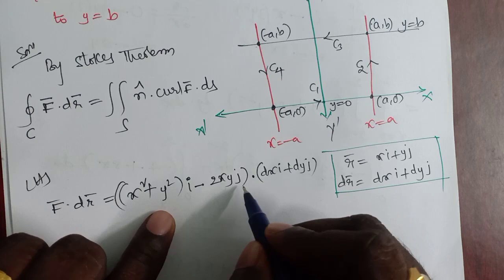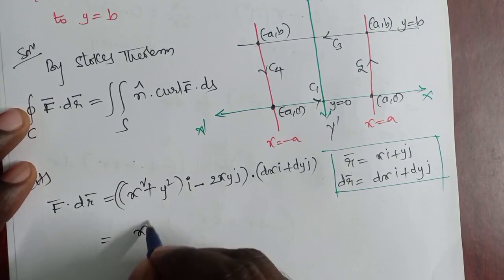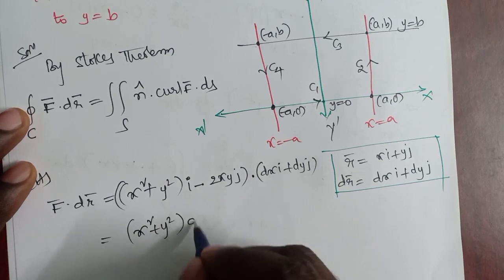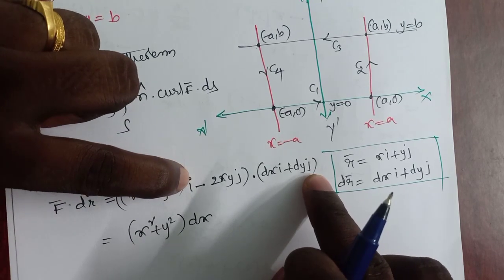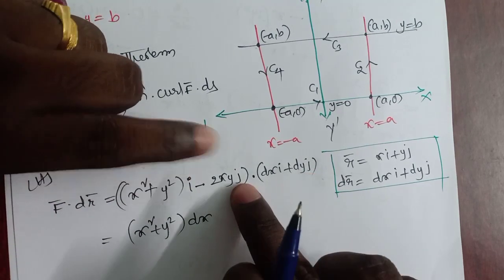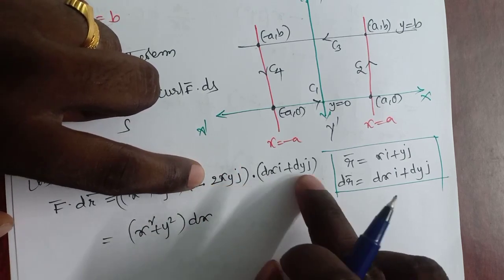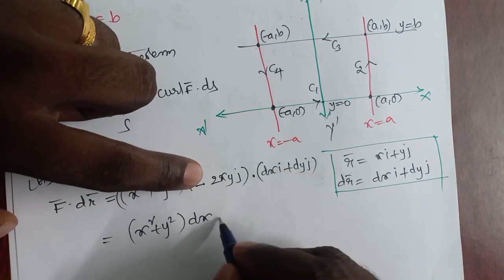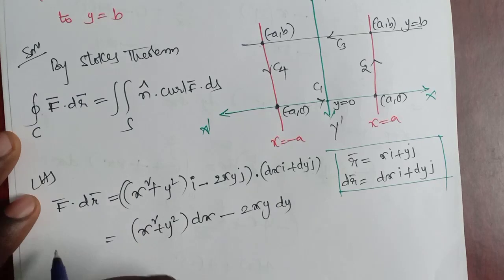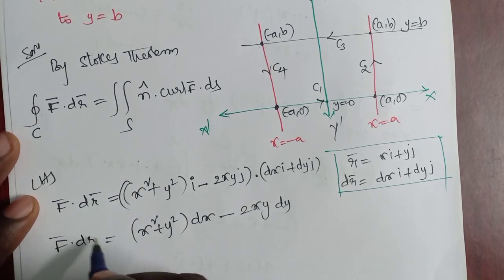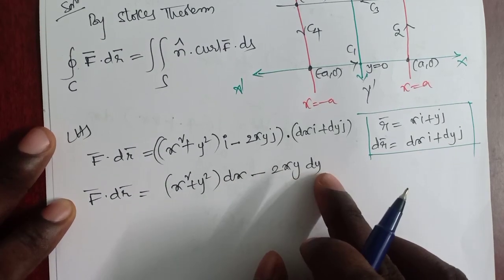We need to find the dot product. i bar dot i bar is 1, so it is (x square plus y square) into dx. i bar dot j bar is 0, so no need to take it. j bar dot i bar also equals 0, so no need to take it. Then finally j bar dot j bar gives minus 2xy into dy. So f bar dot dr bar is (x square plus y square) dx minus 2xy dy.